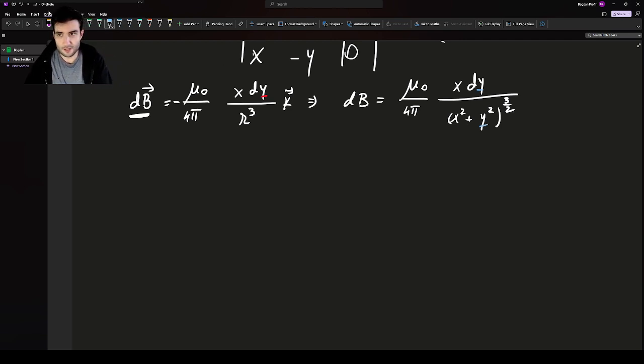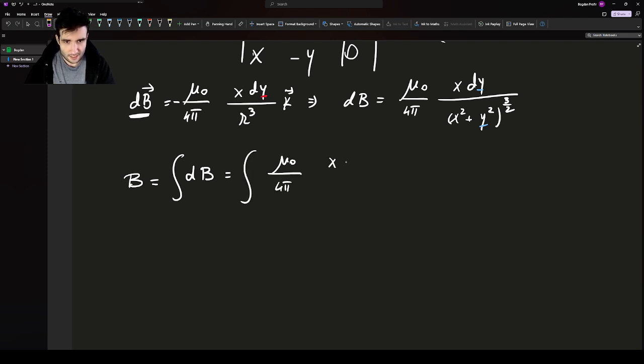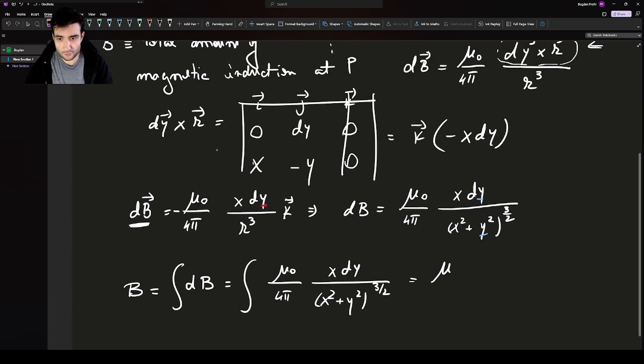Which is nice, because now we only have one variable, which is y. So to find the overall effect of the magnetic field, so to find B, we would have to integrate dB. So we integrate mu 0 over 4 pi x dy over x squared plus y squared to the power 3 over 2. And I will take out all the constants, which are mu 0, and I realize I forgot to add the current.